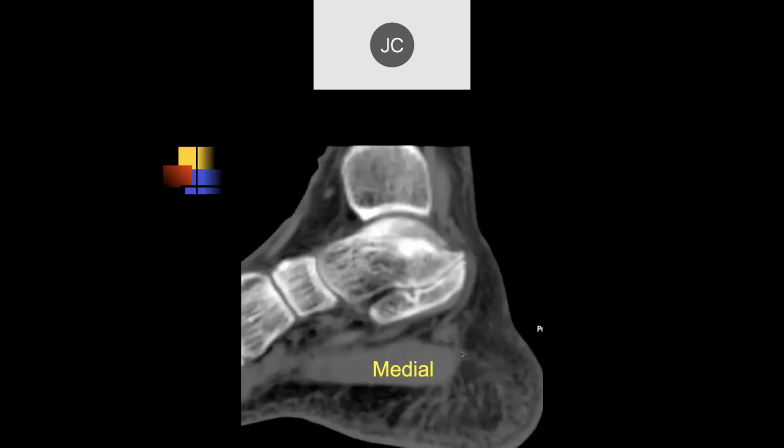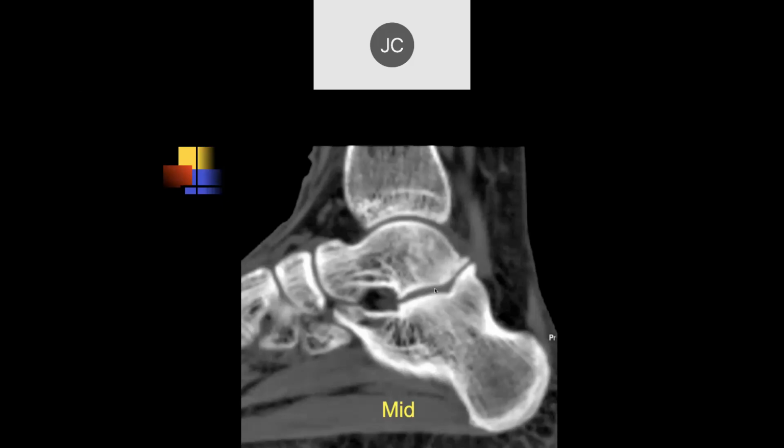All right, we have a sagittal CT of the ankle, and there is a severe joint space loss in the posterior subtalar joint with some osteophyte formation posteriorly. Yeah, a little osteophytes right through there, and a little bit of eburnation of that subchondral bone. If we go farther out, this is what it looks like.